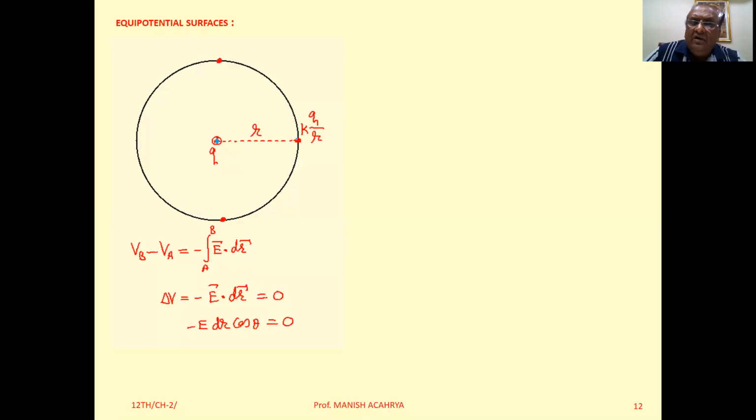Now, on this particular surface, at any point, if you calculate the potential due to this point charge Q at the center, then you will get KQ upon R. At any point on this spherical surface, the potential will be the same, that is KQ by R. It implies that we can say this particular spherical surface is the equipotential surface for this given charge, or we can say for the given electric field of this given charge. Clear to all of you?